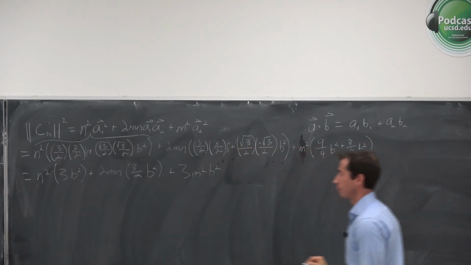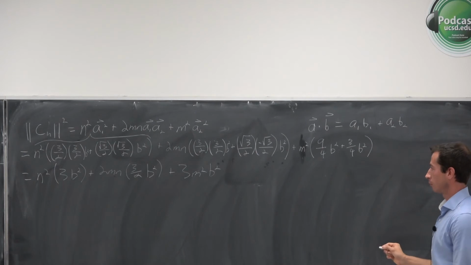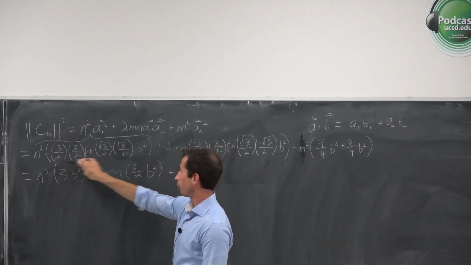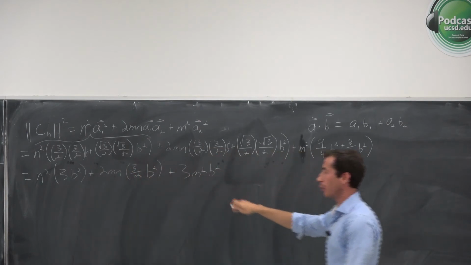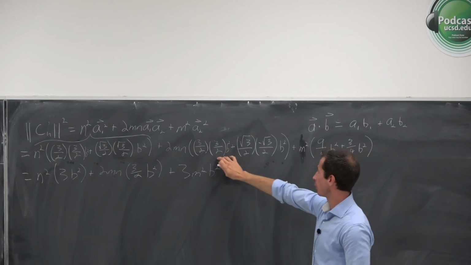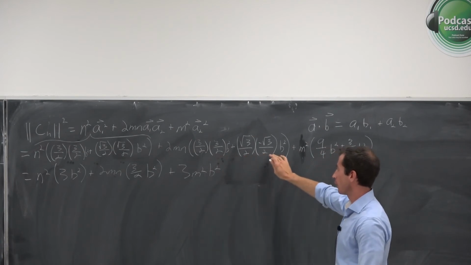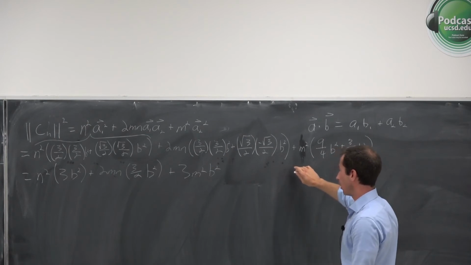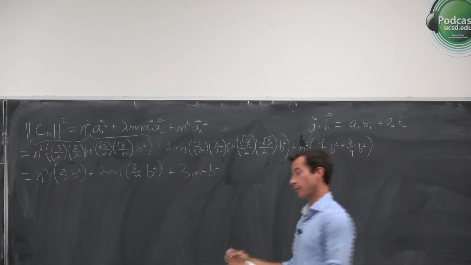Right? So this is 9 over 4 plus 3 over 4 is 12 over 4 is 3, right? And this is 9 over 4 minus 3 over 4, which is 6 over 4, which is 3 over 2.